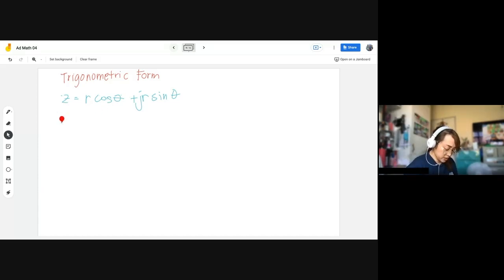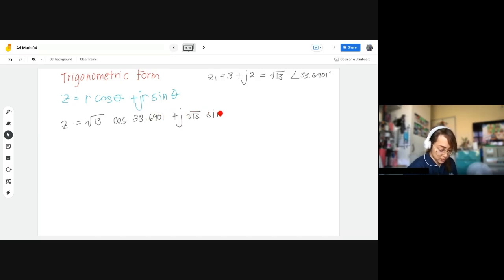So for example, turning our z1 into trigonometric form, z1 is 3 plus j2. It could also be square root of 13 angle 33.6901. So it could be square root of 13 cosine 33.6901 plus j square root of 13 sine 33.6901.